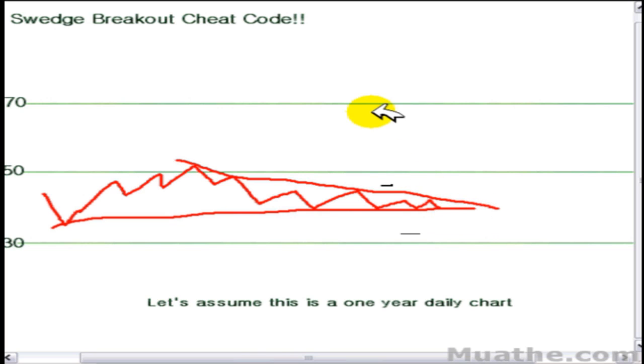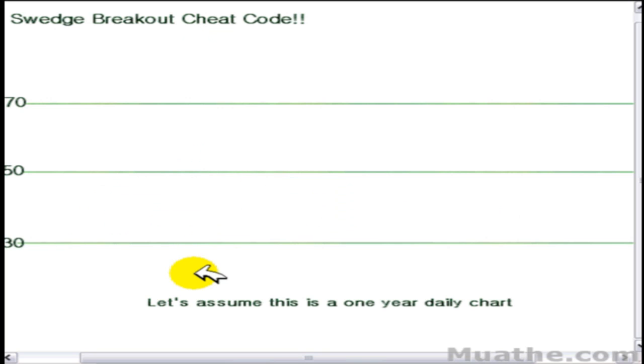Now the way you actually cheat is that if this is the RSI top line right there, where you have a significant high in price, let's say that's the high of the stock. If this is a significant swedge top line, then what you can do is, once you get a confirmation that there is a line on the bottom, I'm going to have to draw something a little different so I can explain this better, but let me try again.